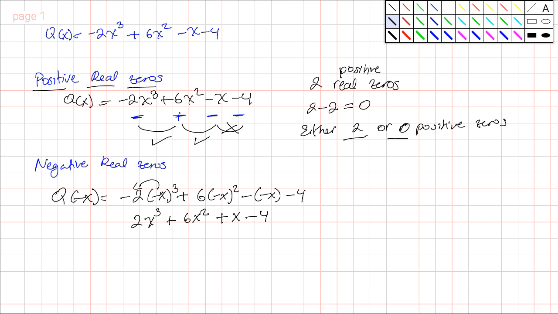Then remember I have to look at the signs. The first term is positive, the second term is positive, the third term is positive, the last term is negative. When I look at how many times it changes sign, it goes from positive to positive, that's not a sign change. It goes from positive to positive, that's not a sign change, and then it goes from positive to negative, that's a sign change.